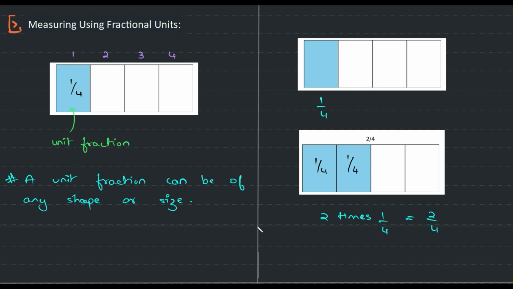Let me approach it one more way. If I give you guys 4 plus 4 plus 4, you guys will end up writing 3 into 4. Because multiplication is repeated addition.